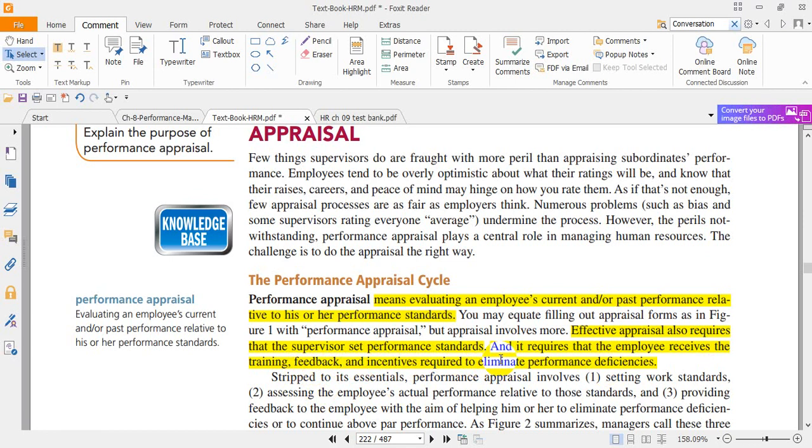Here, there are some deviations between these two performances. In the appraisal process, we evaluate and detect these deficiencies between the standard performance and the actual performance for the employees.